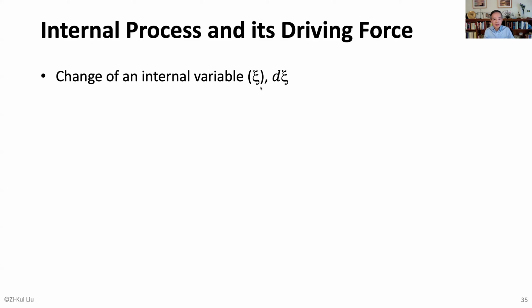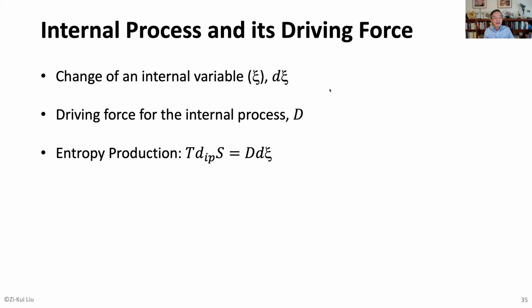The internal process is psi, and d psi is the change of that internal variable. That internal variable, as I just mentioned, is the driving force for the internal process. We call it D. This internal process will produce entropy.